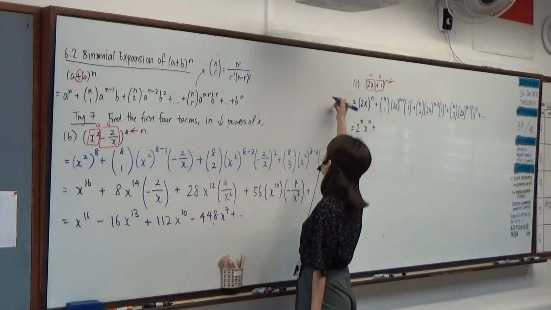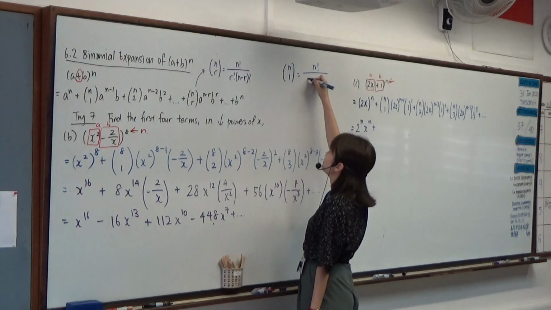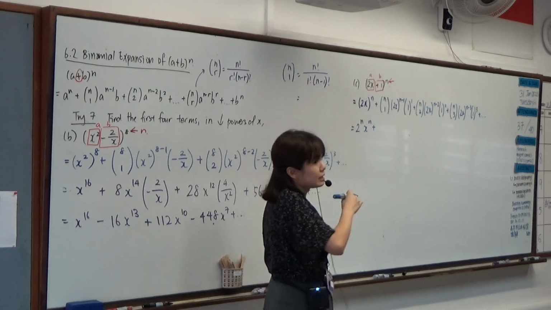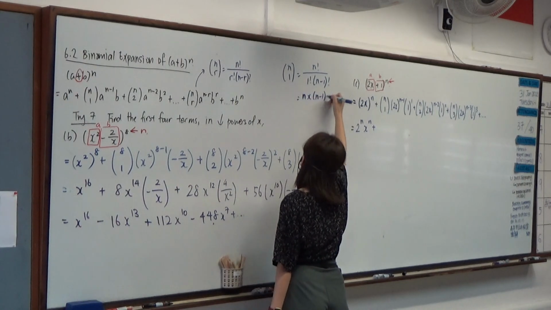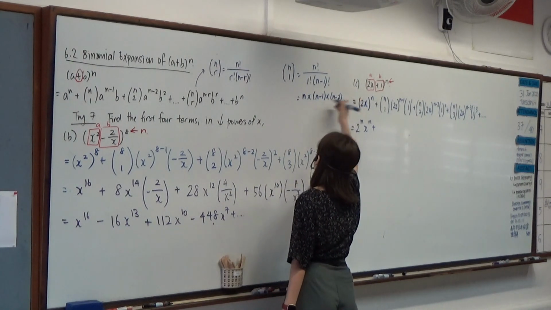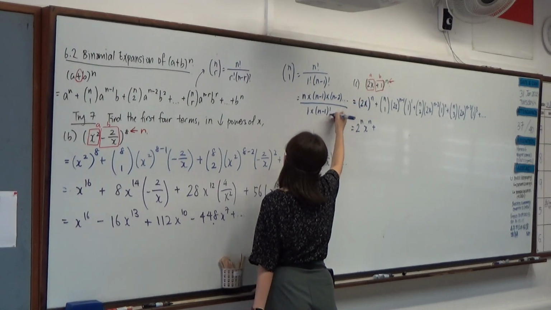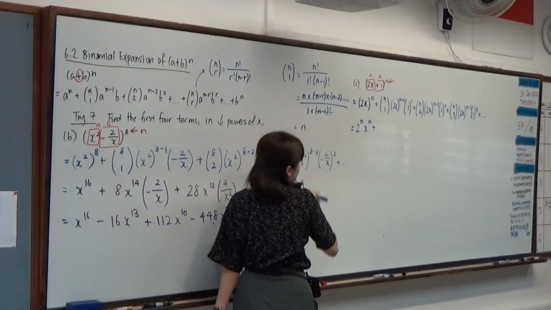So maybe let me just write here. n choose 1 will actually be n factorial over 1 factorial, n minus 1 factorial. If I want to simplify it, it means n times n minus 1 times n minus 2 and so on. 1 factorial, we learned that it's 1. n minus 1 factorial is at the bottom. This whole thing cancels out, we get n.